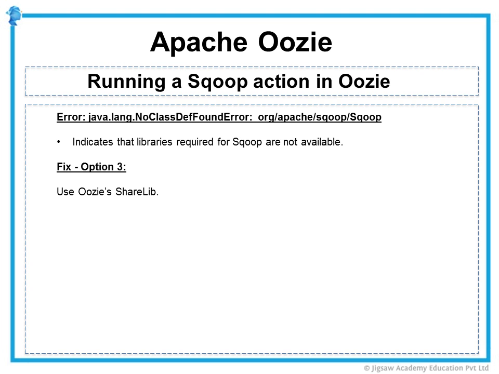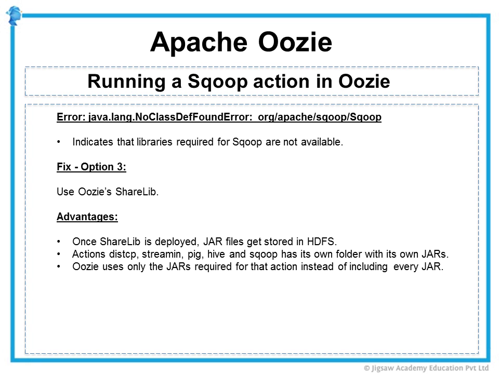So instead, if we use Oozie's ShareLib feature, right, we can overcome this issue. So what happens is, the ShareLib behaves very similar to oozie.libpath, and it works specifically for the actions we just described: distributed copy, streaming, pig, sqoop, and hive.